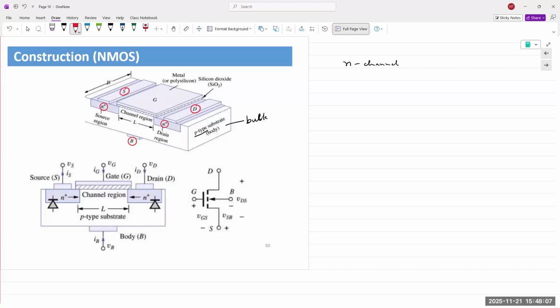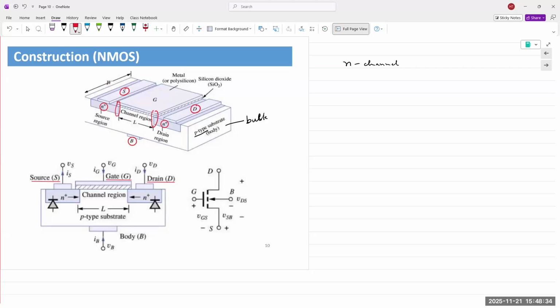So we have the source, we have the gate, and we have the drain. The two N-type regions are the source and the drain. The gate is actually right here on top, and it overlaps the two regions.